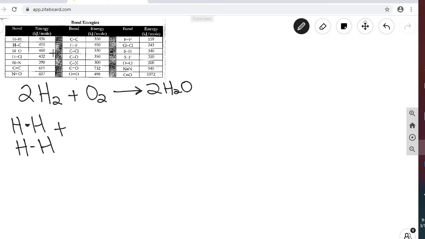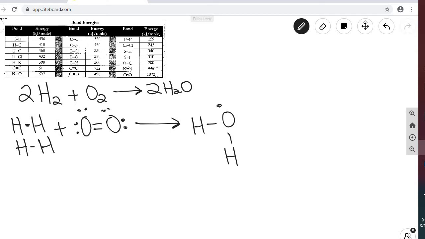And then we had an oxygen triple bond, or double bond, sorry. So the little structure for that would look like this. And then the product is going to be two water molecules. There's one water molecule, and then we need to fill in the rest of the electrons here, and then another water molecule.